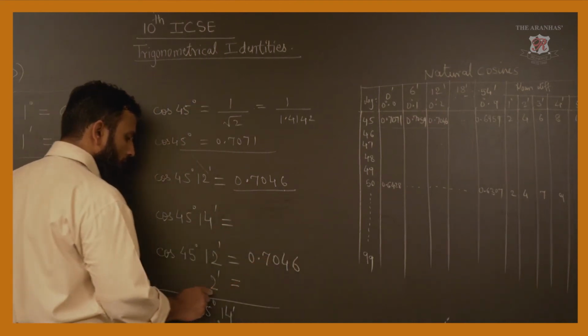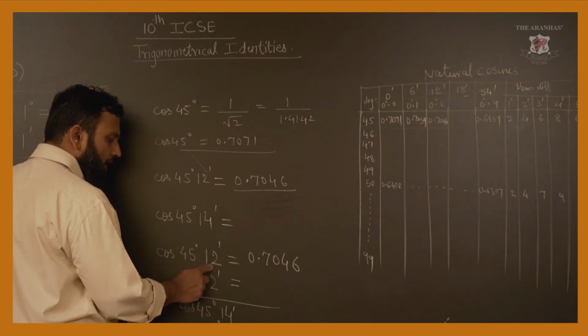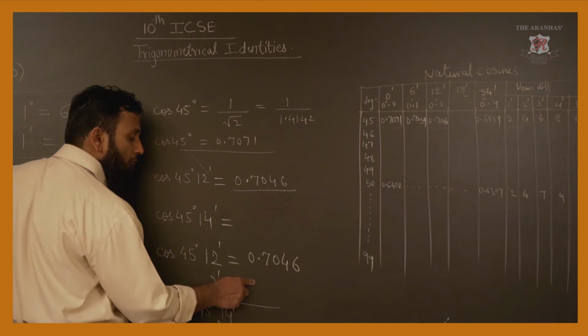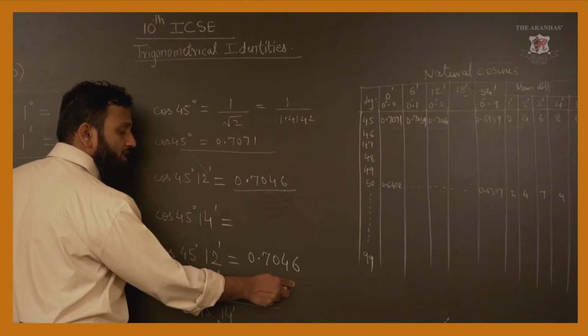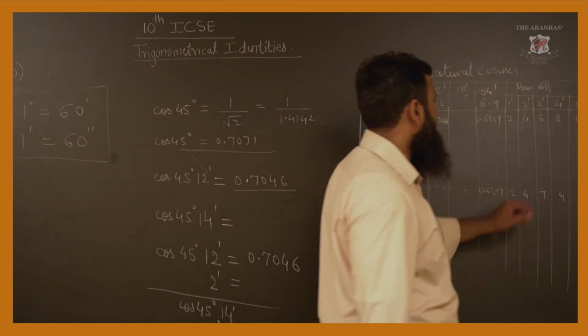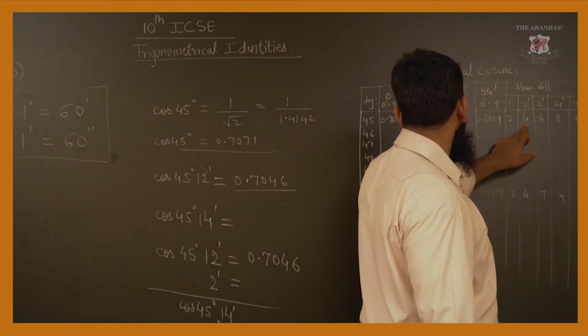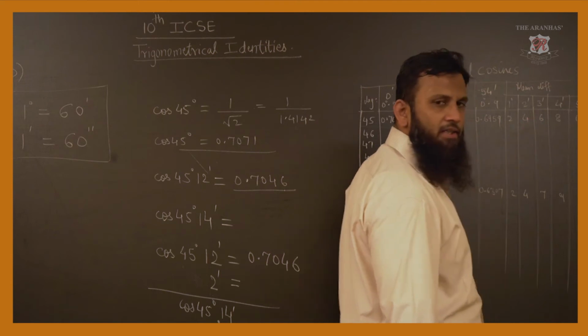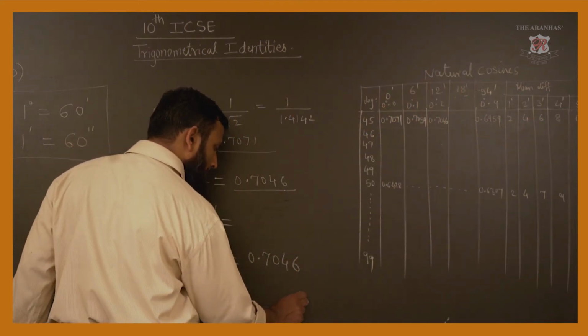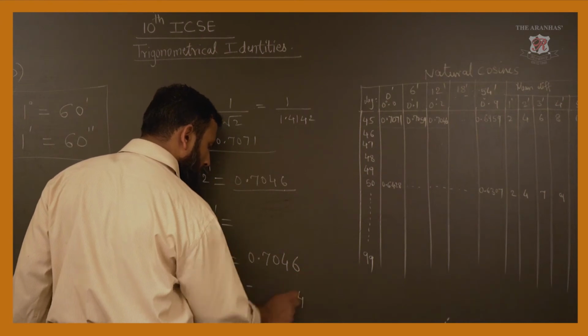So for cos 45 degree 12 minutes, we know the value 0.7046. Now if you add 2 minutes here, 12 minutes plus 2 minutes becomes 14 minutes, but the value of that 2 minutes is to be subtracted from the right extreme. For 2 minutes the value over here is 4. That 4 you will write here and subtract it.